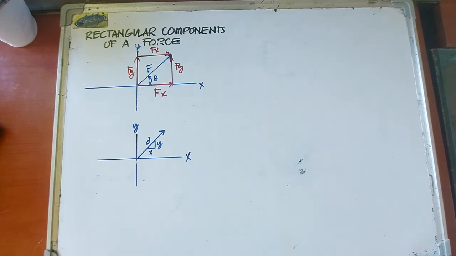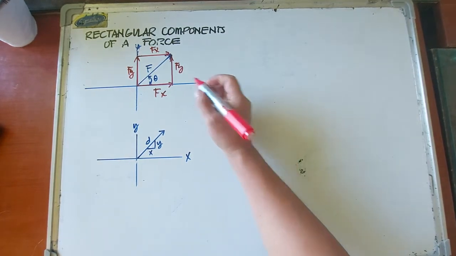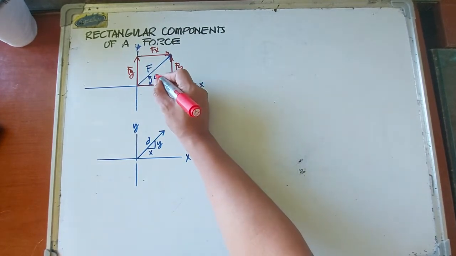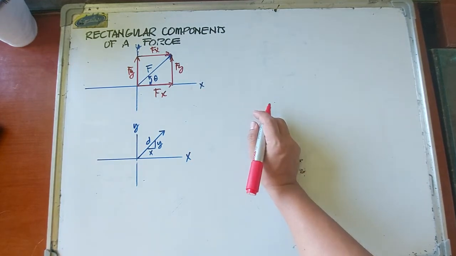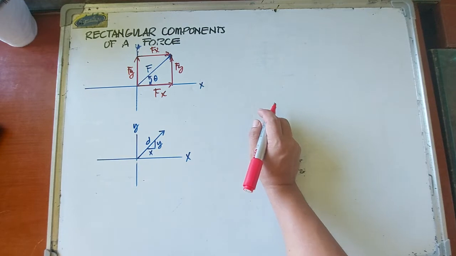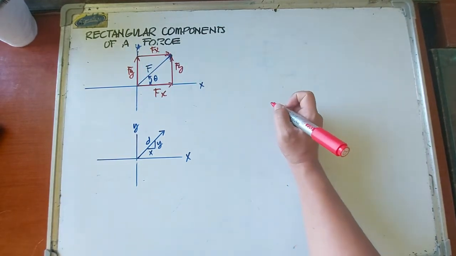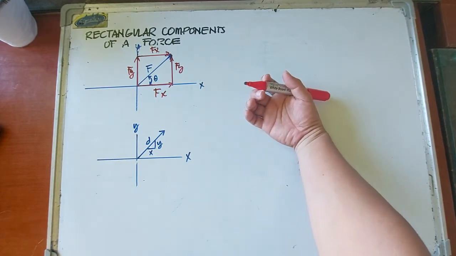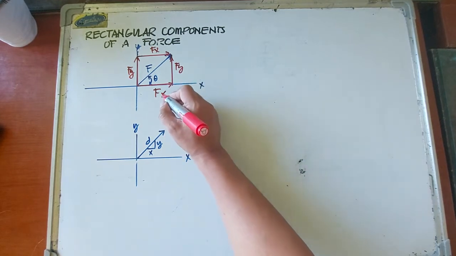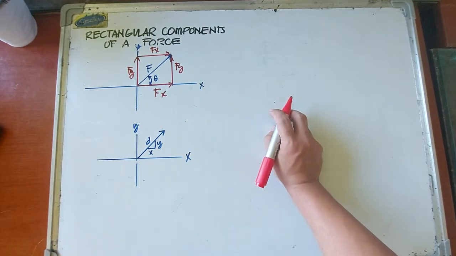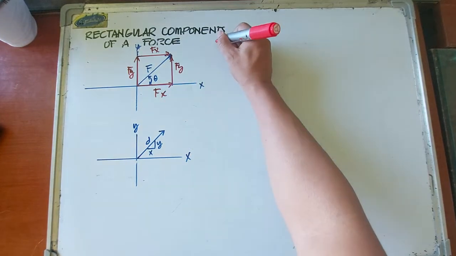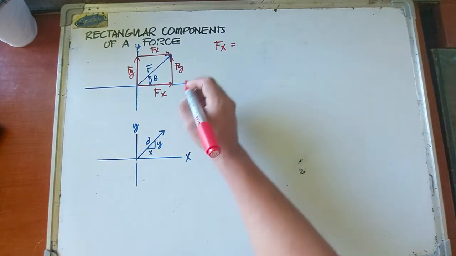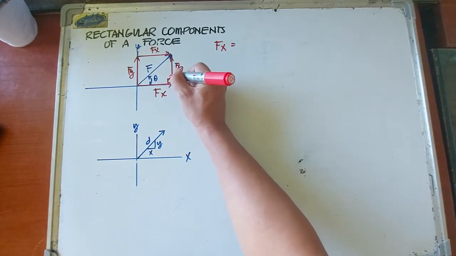So if we are to solve for the component of this force along x, so the force is directed at a certain angle from the x-axis. Let's say angle theta. So you can isolate any of the two triangles formed here. So applying the trigonometric functions, if you solve for the component along x, we have a right triangle, since perpendicular yung mga axis.